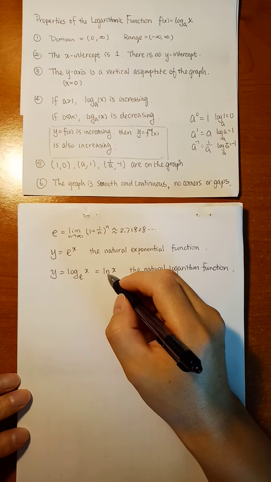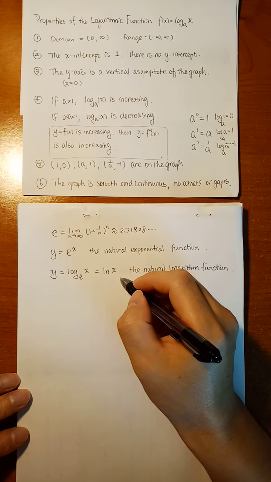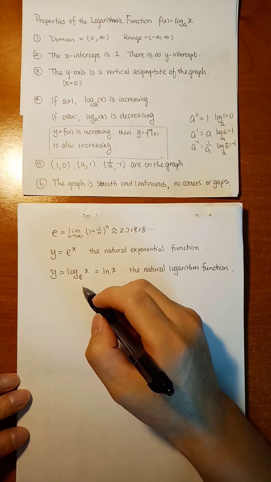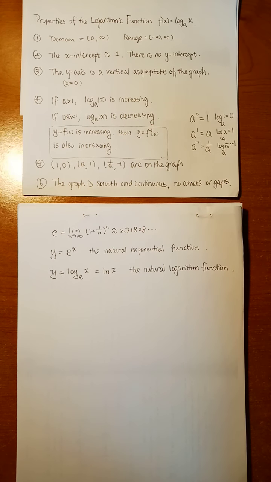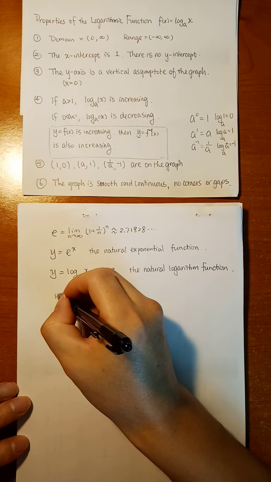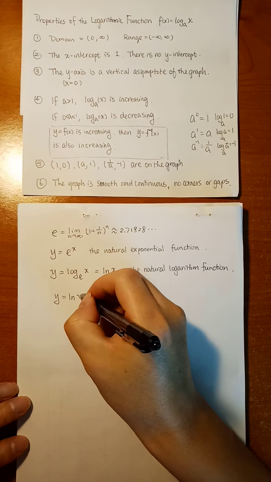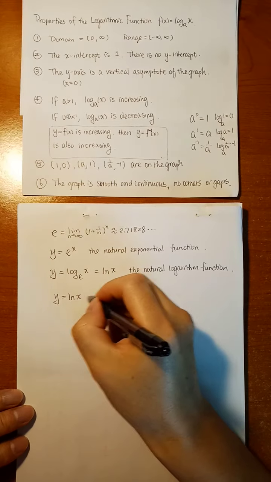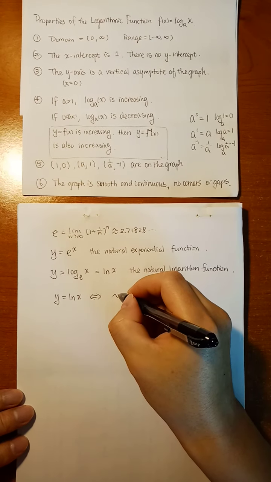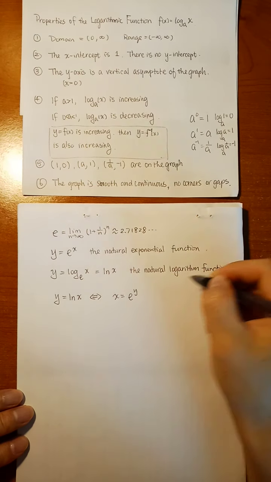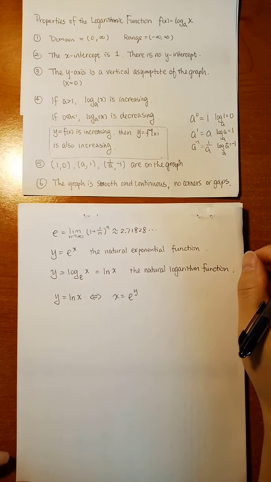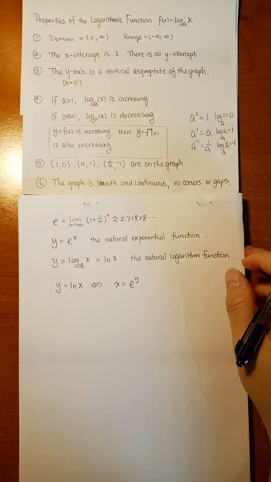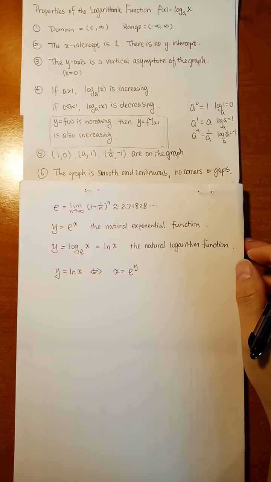Okay, so in the future, whenever you see ln of x, it just means the logarithm to the base e. So y equal to ln of x is equivalent to x equal to e to the y. This is the natural logarithmic function and the natural exponential function.